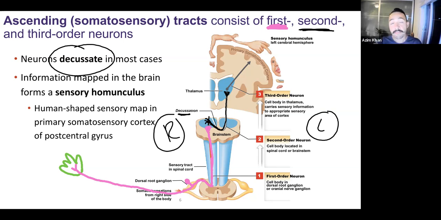But for these pathways that involve the spinal cord tracts, it can decussate here in the medulla oblongata. Specifically, it can happen in the medullary pyramids. So that's what's shown here. Or if it happens at the level of the spinal cord, which I'll show you another example coming up, it could happen in that anterior white commissure.